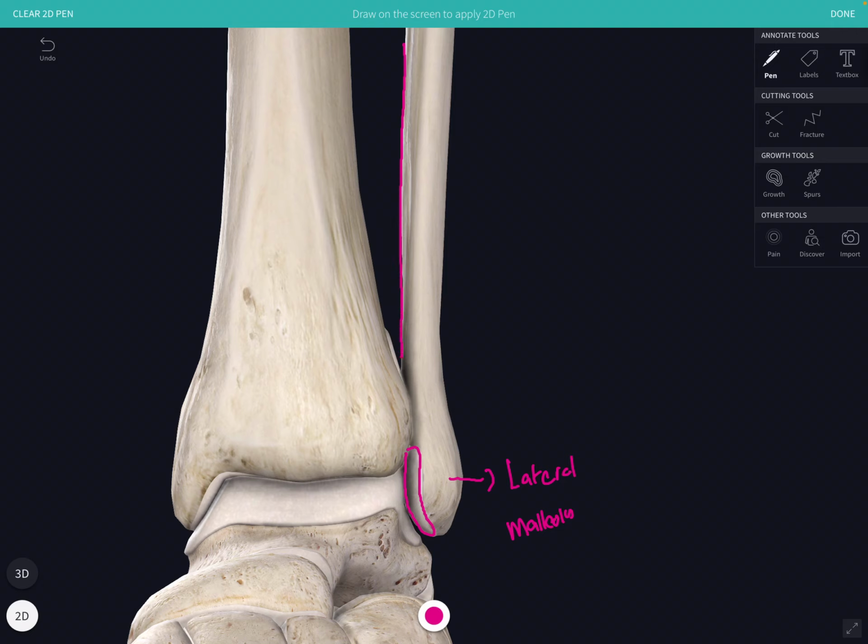Okay. The head of the fibula is again palpable, and so is the lateral malleolus. Interestingly, some fractures of the ankle may also correspond with a fracture just below the head of the fibula.